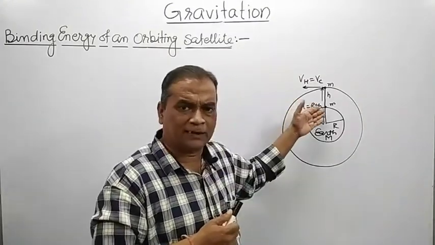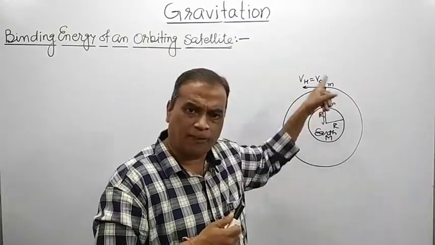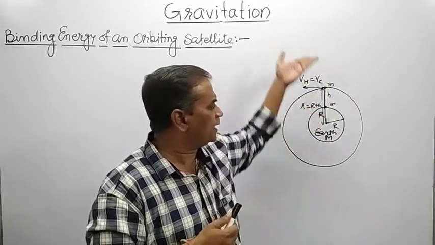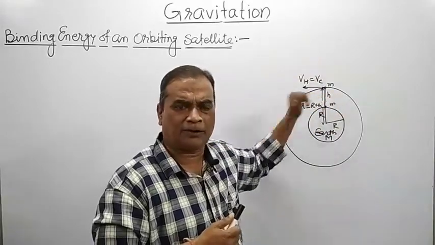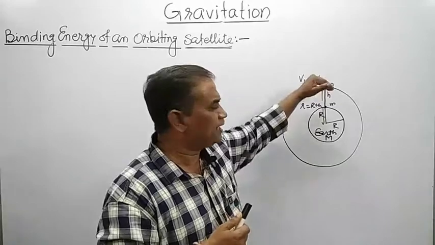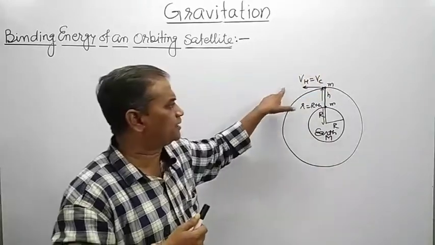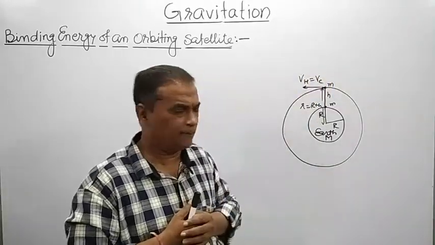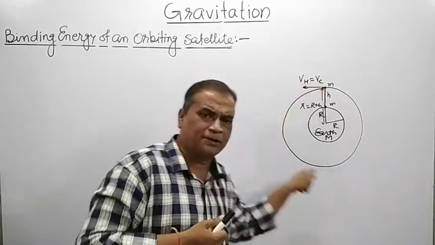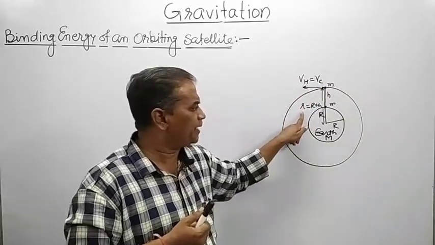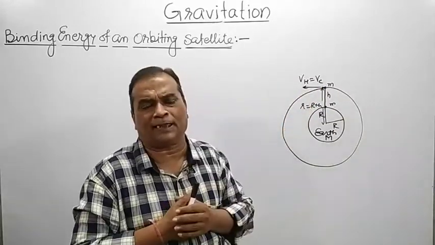So here we have a situation: a satellite of mass m is first projected to a height h above the surface of Earth and then given a horizontal velocity of projection equal to its critical velocity, so that satellite revolves in a circular orbit of radius r equal to R plus h.